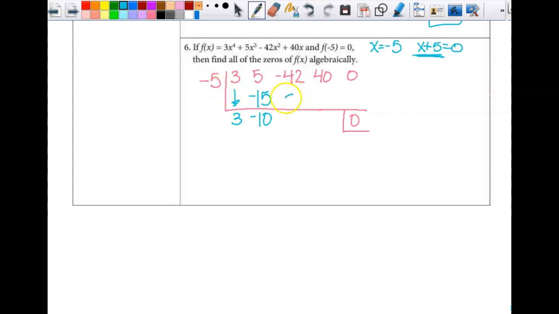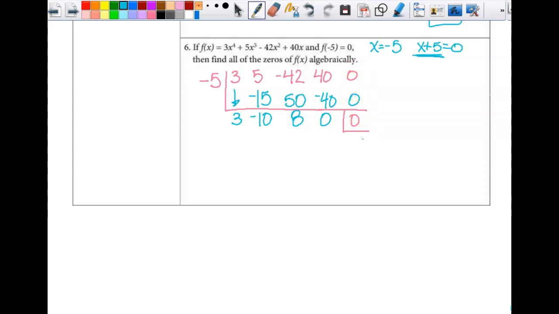Negative 5 times 10 is 50, and this gives me 8. Negative 5 times 8 is negative 40. Combine those and I get 0. Negative 5 times 0 is 0, and 0 plus 0 is 0, so I'm feeling good about that.